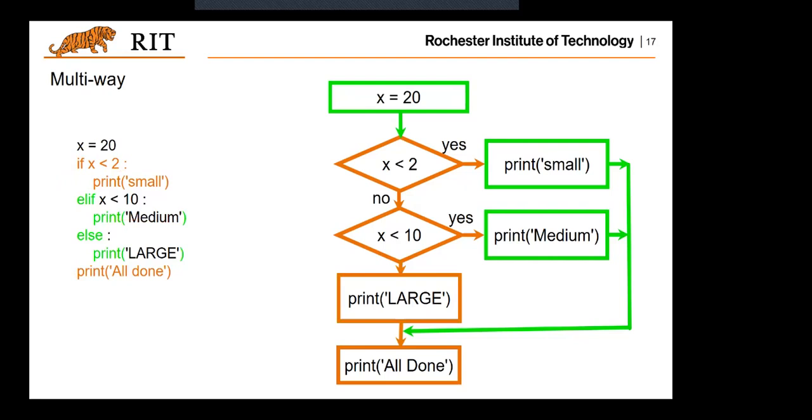And in case we have x equal to 20, okay, it will check this line. Whether x is smaller than 2, no. Okay, then whether it's smaller than 10, still no. That means only this one is satisfied. That's the case where the first few conditions are excluded, right?